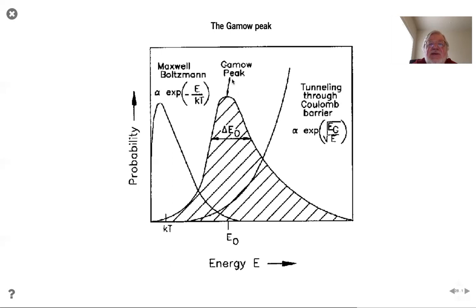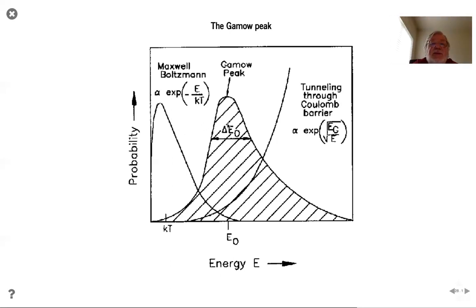And as you can see, the Gamma peak energy is located in the outer tail of the Maxwell-Boltzmann distribution, which means that in stars, thermonuclear reactions go on only for particles that are at the very outer tail of their Maxwell-Boltzmann energy distribution.